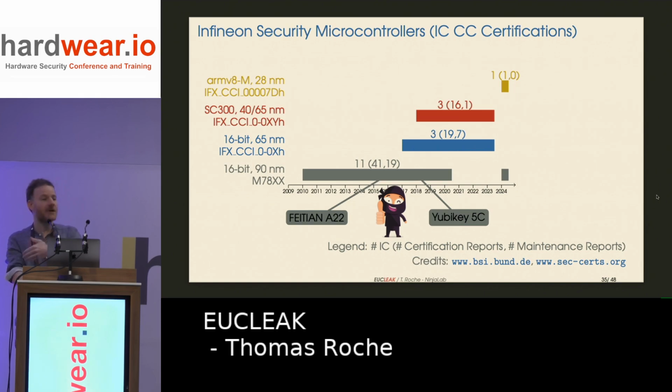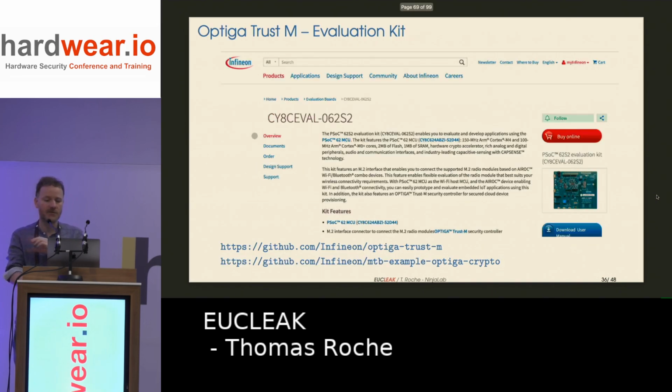But we found out that there were new versions of the Infineon security microcontrollers, and we were wondering if the vulnerability was still there in the new versions. Fortunately, we found that some of the products in the new families are available to test. In the second one, the blue one, we had this Optiga Trust M component, which happened to be available through a DevKit board.